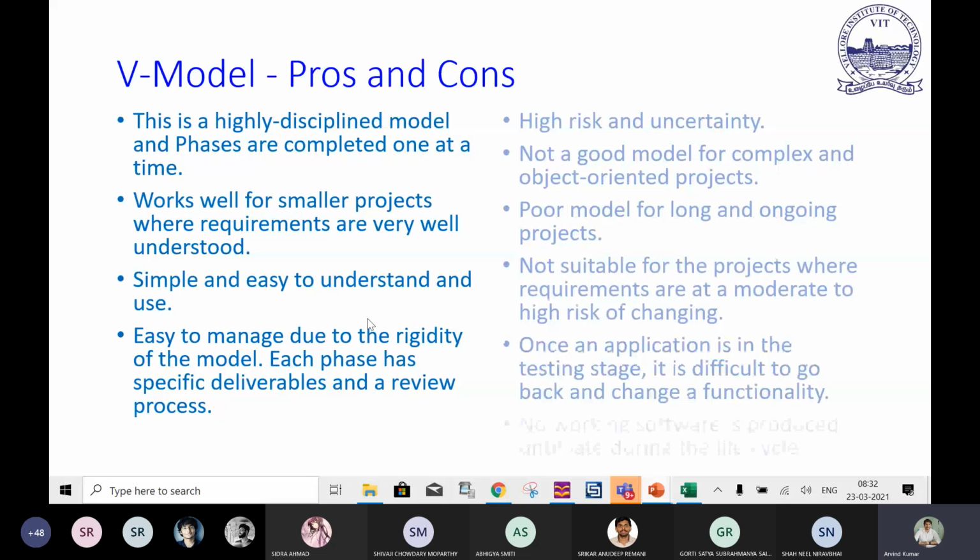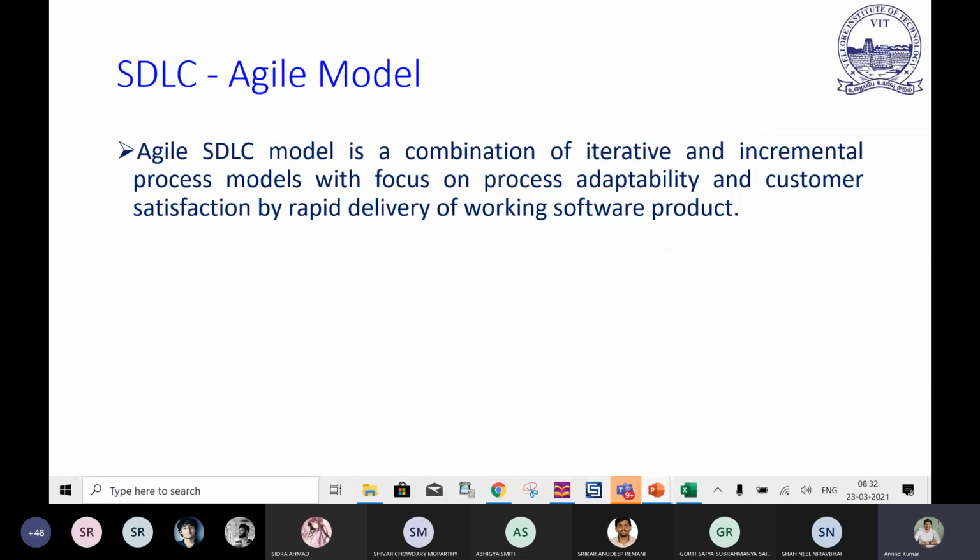In the iterative model, parallel teams were working in one direction, and finally you accept one thing and deliver. Incremental means you divide the complete project into small modules and test them separately, and then the integration engineer will integrate all those modules and finally launch it as a big project, which is then tested separately.